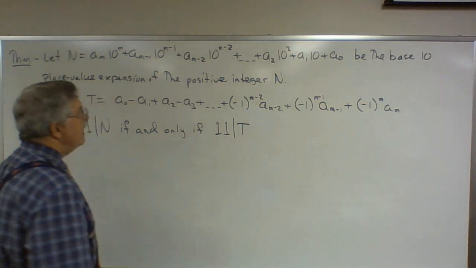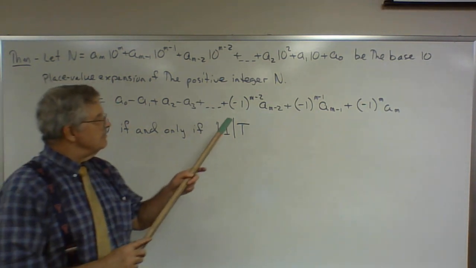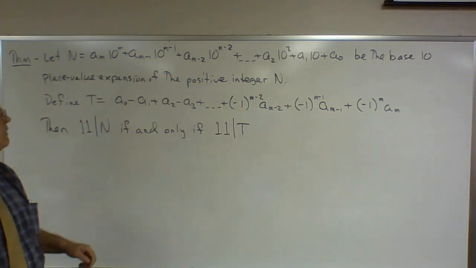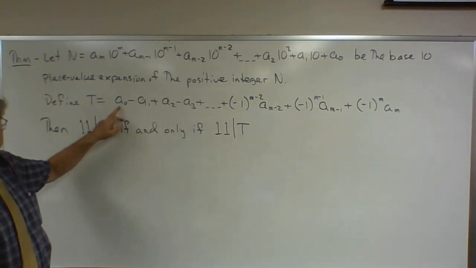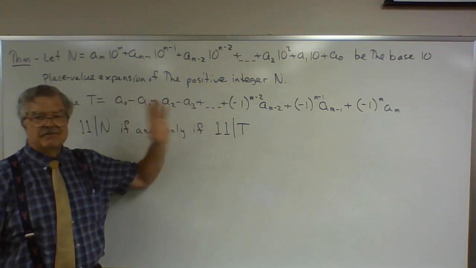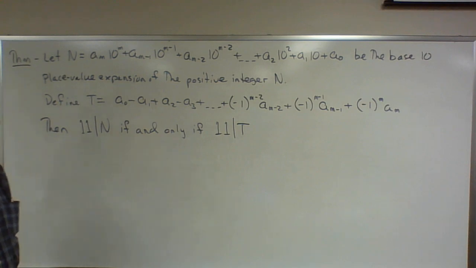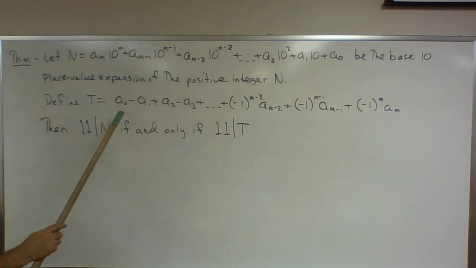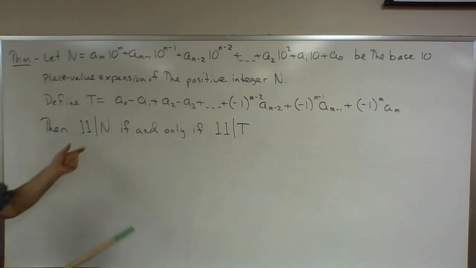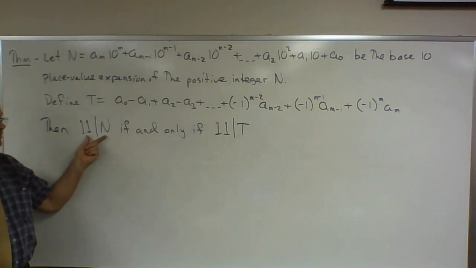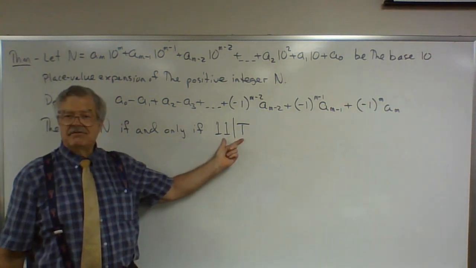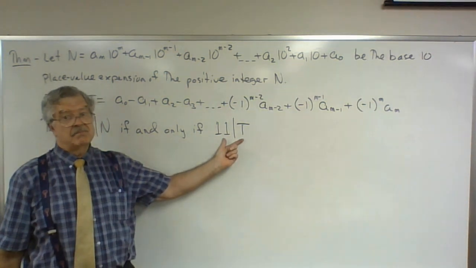The significance of the negative 1 to the powers is just that the signs alternate: positive, negative, positive, negative, till we reach the end. When we add all these things up, we get T. 11 divides the natural number N if and only if 11 divides T.